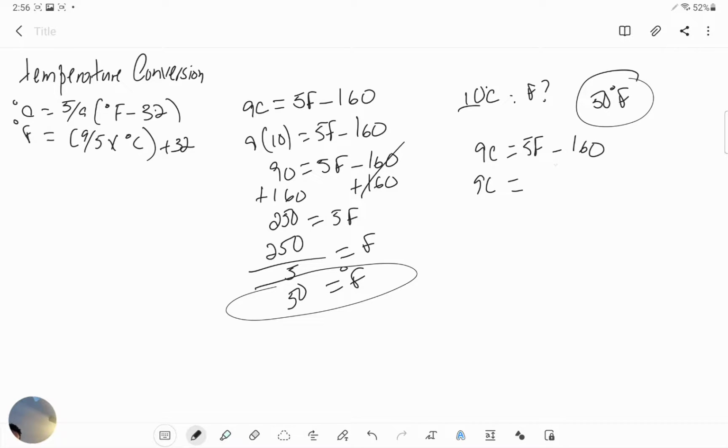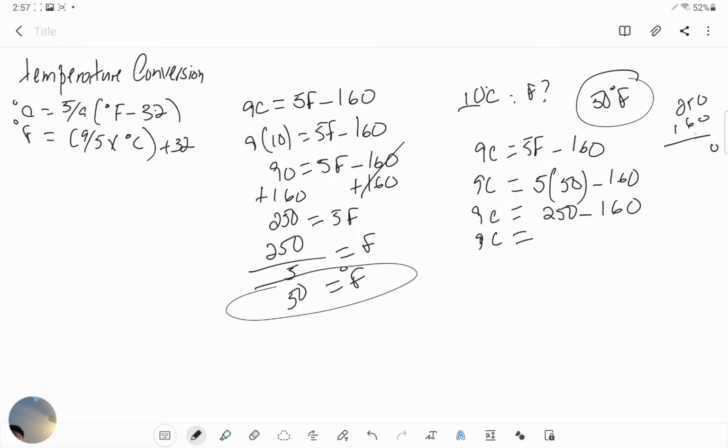F is 50, so 9C equals 5 times 50 minus 160. 5 times 50 is 250, minus 160. 250 minus 160 is 90.